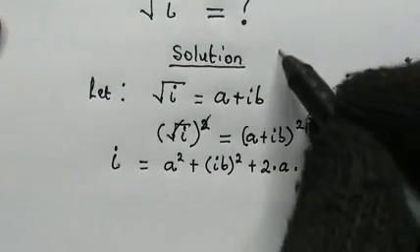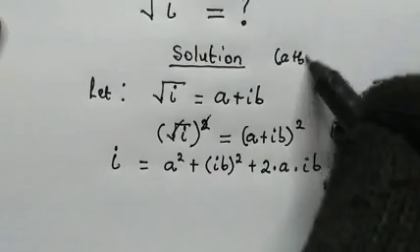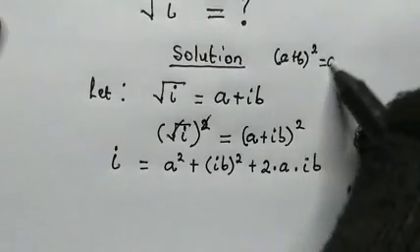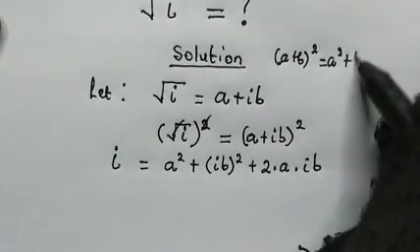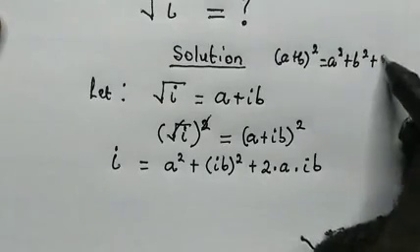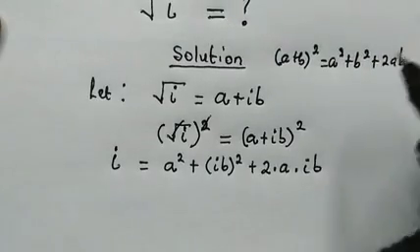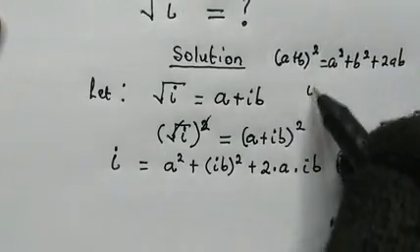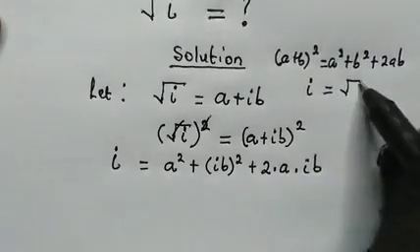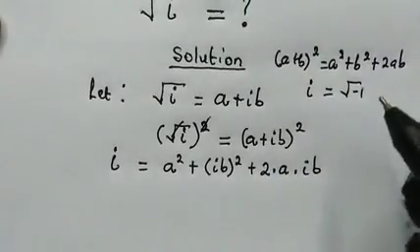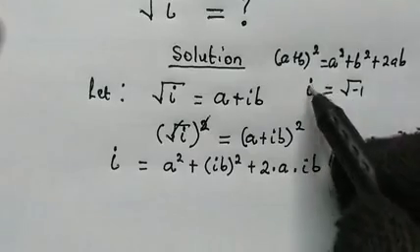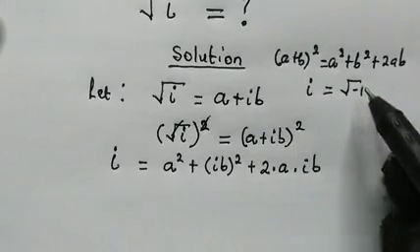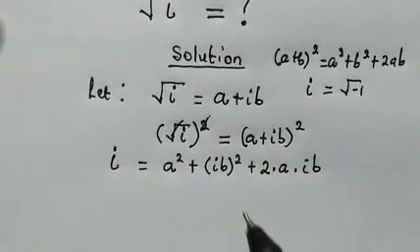The identity we made use of here is that a plus b squared is equal to a squared plus b squared plus 2 times a times b. And again, let us recall that iota is equal to the square root of -1, right? So if we square iota, then we get the value for it as -1.